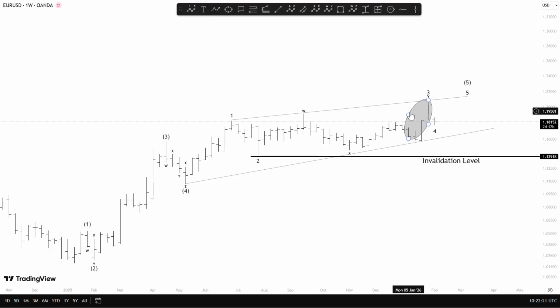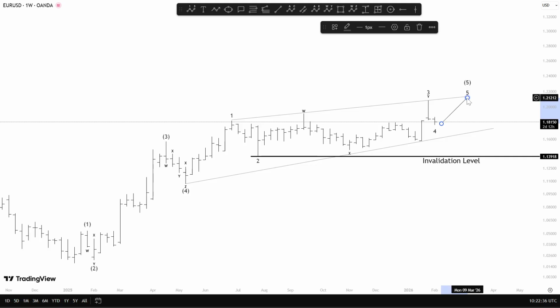Which means we now have another opportunity for you to buy again. If you missed last month's setup, this is another opportunity for you to buy. All right? This is another opportunity for you to buy.